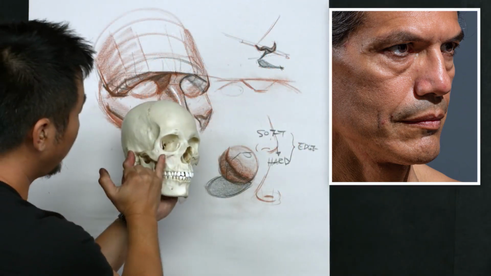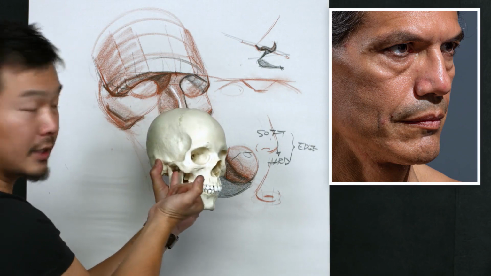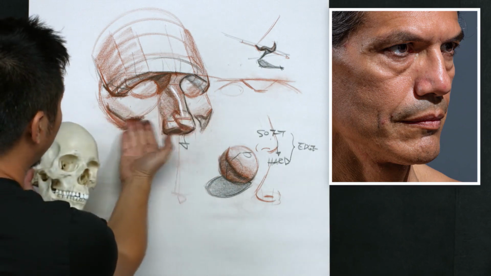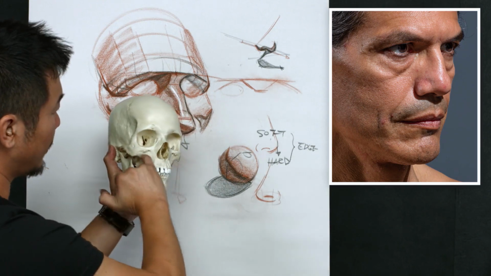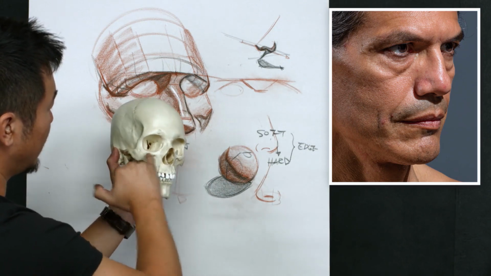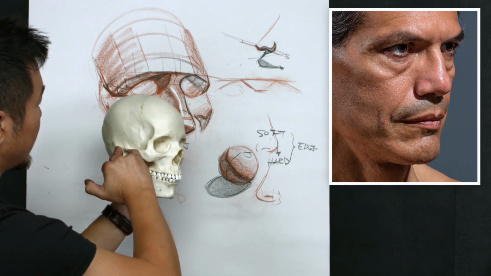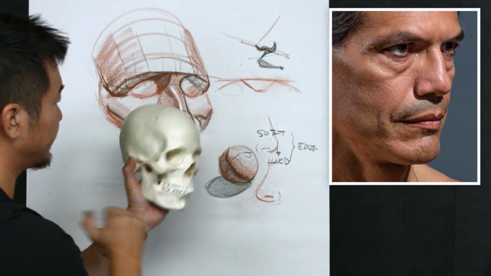All right. Front plane. The cheekbone has a front, and also has a side plane. Front, side, front, and goes to the side. It goes towards your nose. See, the bottom of the cheekbone lines up with the bottom of the nose. And then it's going to swing towards the side, and it's going to fuse into your ear.